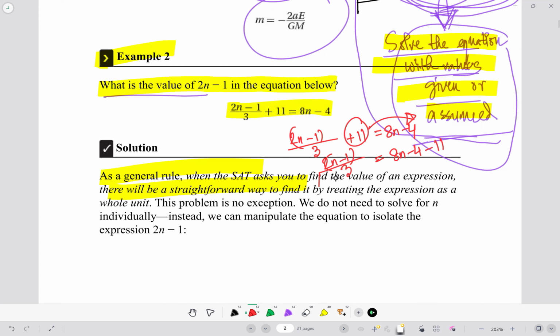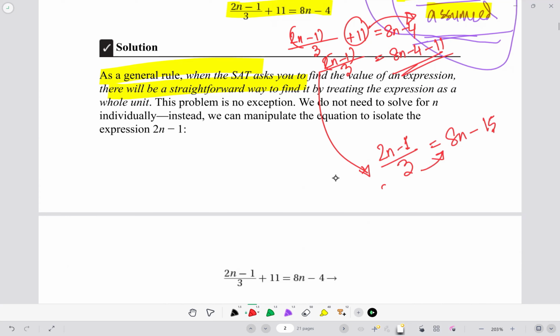Then twice n minus 1 divided by 3 is equal to 8n minus 15, and take this 3 to this side. Twice n minus 1 is equal to 3 times 8n minus 15.